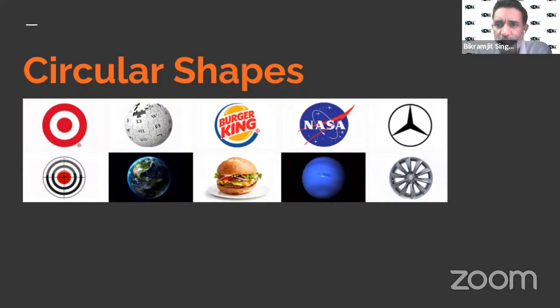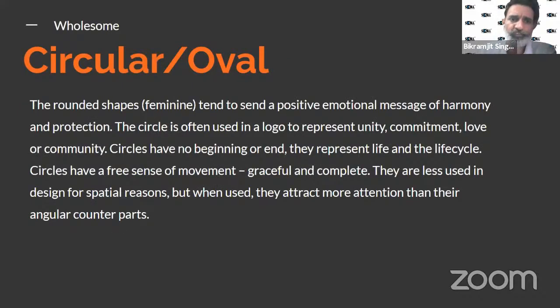So what do circular shapes mean? Wholesomeness, friendliness, completeness, gracefulness. The oval or the circular represent all these.